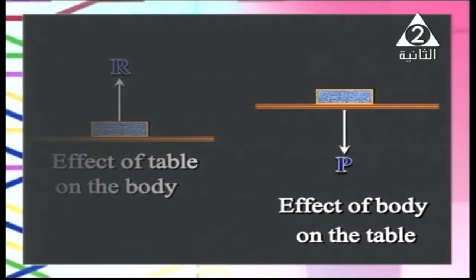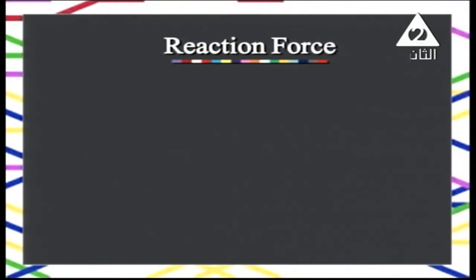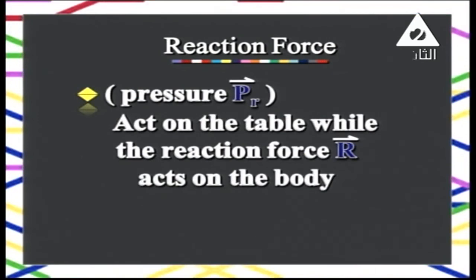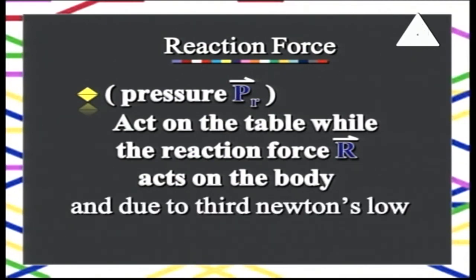Look at, my dear student, this is the pressure, its symbol V, acting on the table, while the reaction force R acts on the body, and this is due to Newton's third law. What is Newton's law?